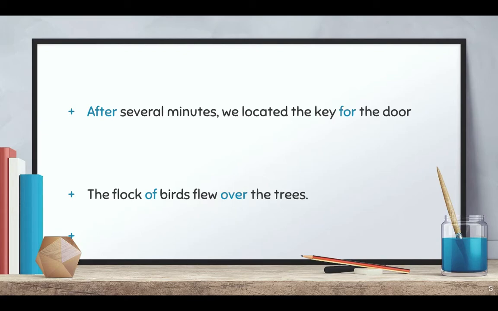So in these examples, after several minutes, we located the key for the door. I highlighted the prepositions. So after is a preposition, showing position in time. And for is a preposition also that shows position.